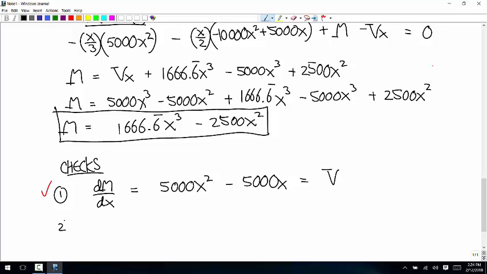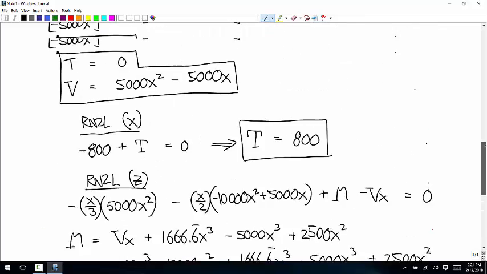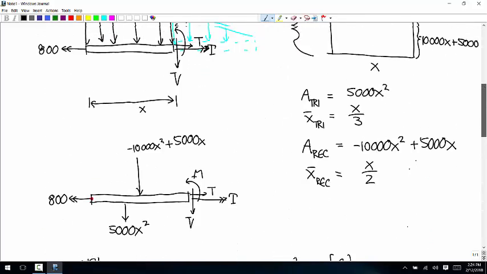And then the second one, dV/dx, is 10,000x minus 5,000. And we're comparing that to the negative of that distributed load function.